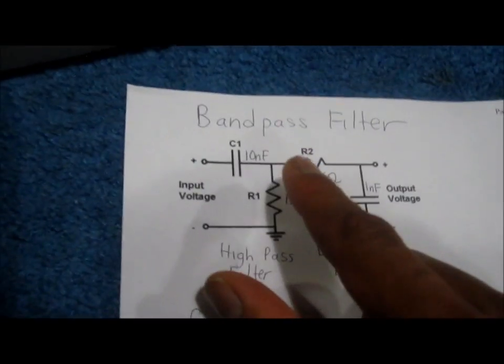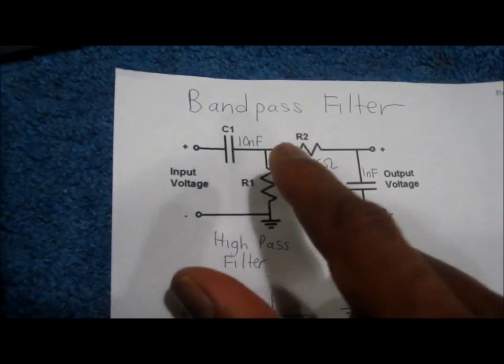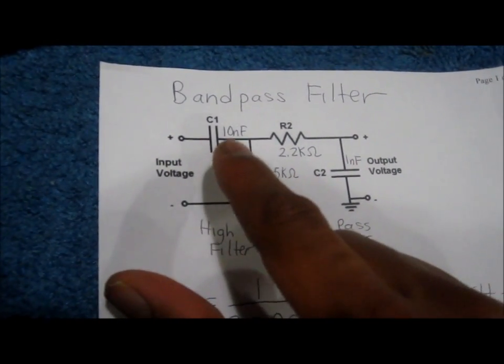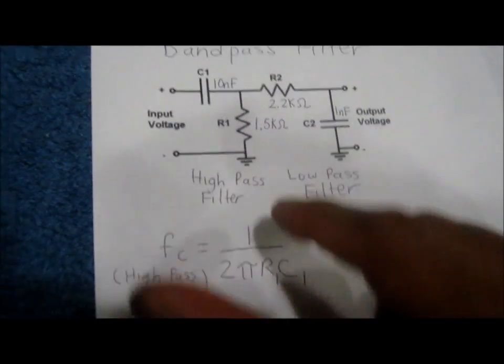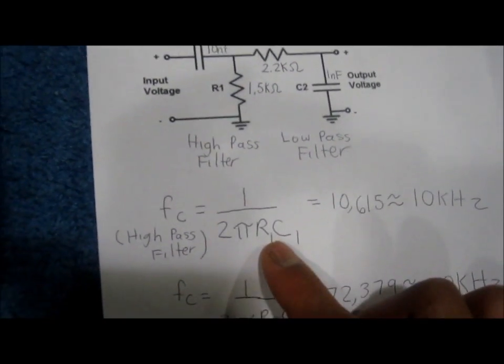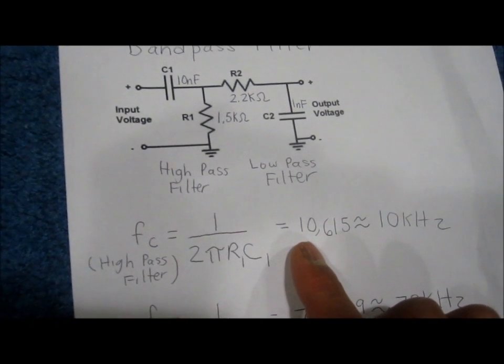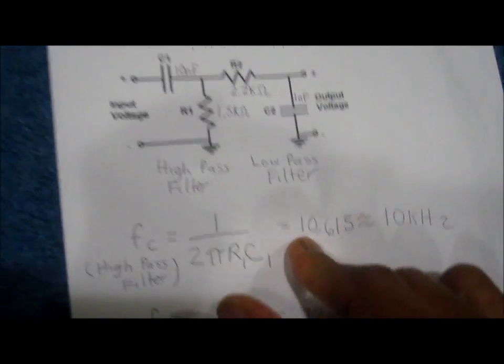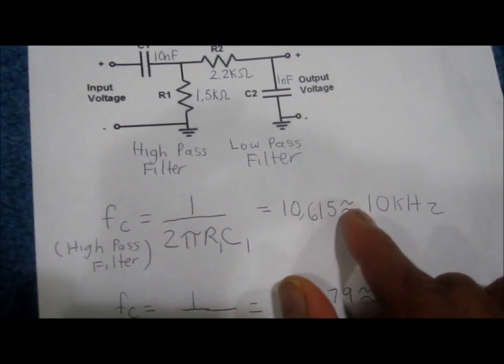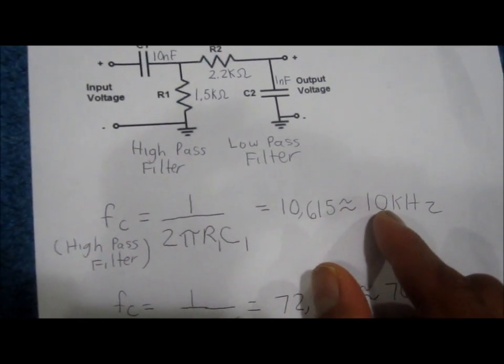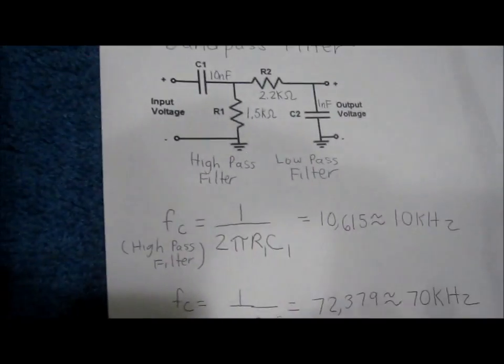So in this example, for the high pass filter circuit, I'm using a 10 nanofarad capacitor and a 1.5 k-ohm resistor. And plugging this into the formula, I get a cutoff frequency point of about 10.6 kHz, which you can roughly say is 10 kHz.